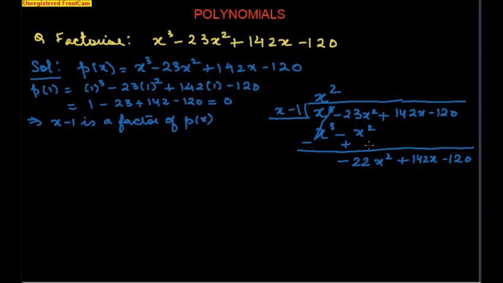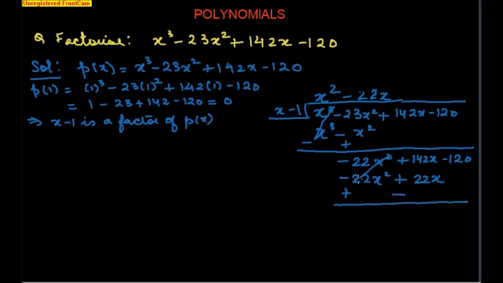Next term, minus 22x square is divided by x, so we get minus 22x. And when you multiply this, you get minus 22x square plus 22x. Again, for subtraction, we change the sign.